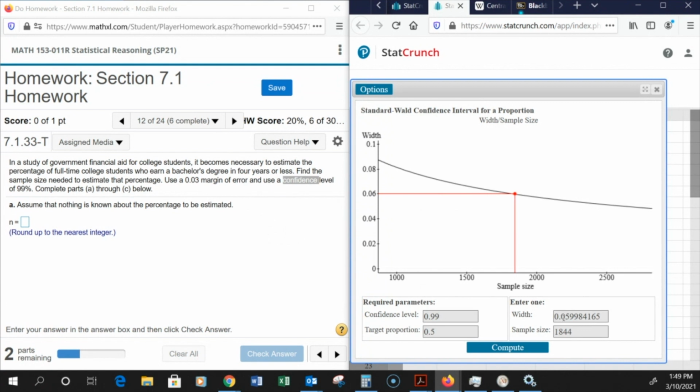1844. You notice, by the way, that this changed. Wait, I thought it was 0.06. What happened? What happened is they rounded up. You always have to round up. And you think, that's not the normal rounding rule. Nope. The normal rounding rule depends on 5. 5 you go up and 4 you go down, and there's a complication to it. Here, we have to have enough. If the answer were 1843.1, well, there isn't a 0.1 penguin. There isn't a 0.1 student. So you have to ask a whole student, and that's why this goes up.